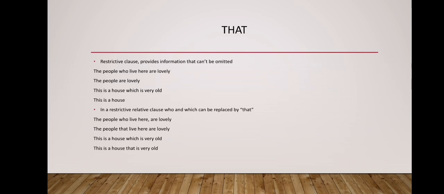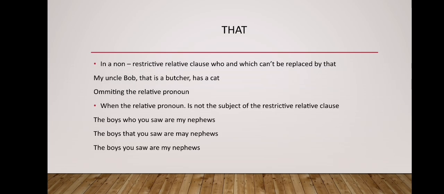Underline, use different colors, write with a highlighter. I don't know, but do something, make it different, and you have the clue. Okay? In a non-restrictive relative clause who and which cannot be replaced by that: my uncle Bob, that is a butcher, has a cat.